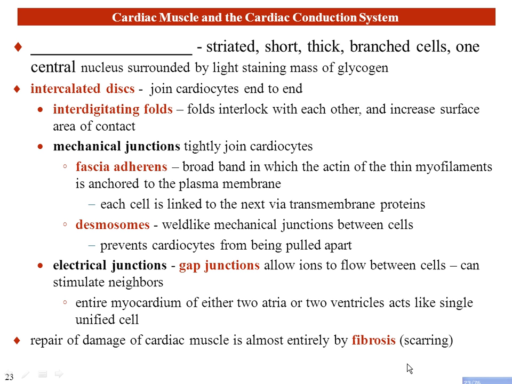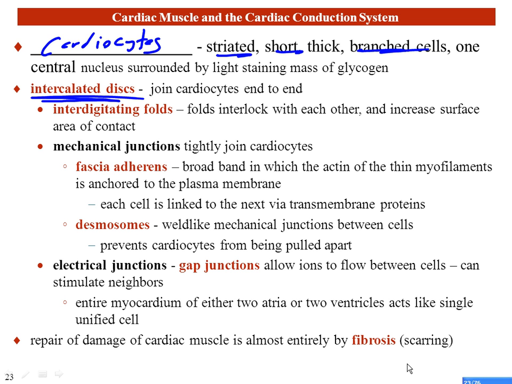Now if we take a look at the heart cells themselves, heart cells are called cardiocytes. Okay, they are striated, they're short, they have branching points, they have one centrally located nucleus, and all cardiocytes are connected together by intercalated discs.